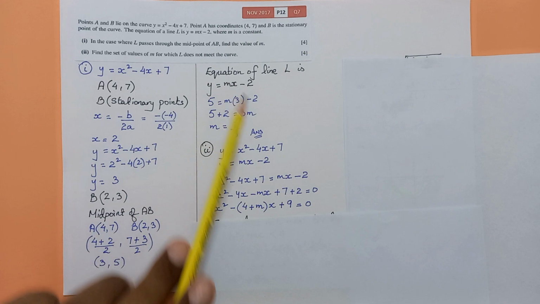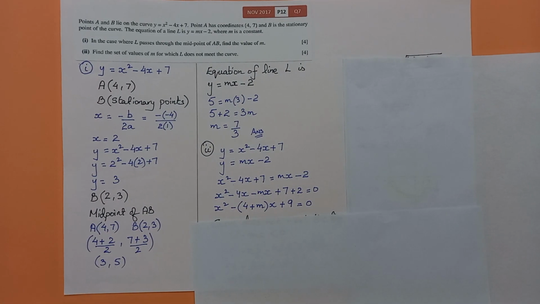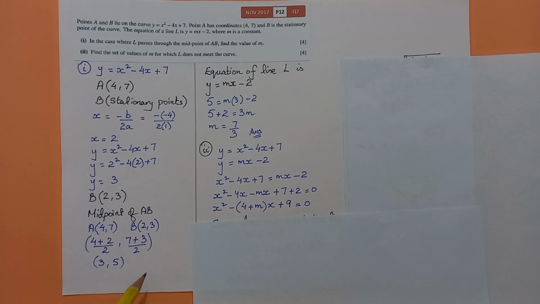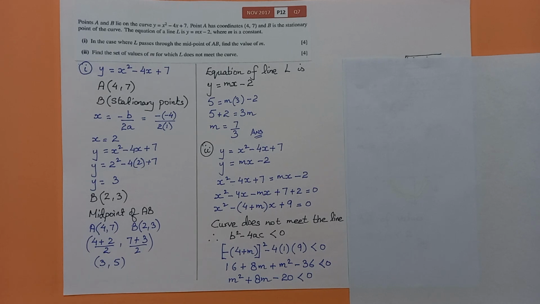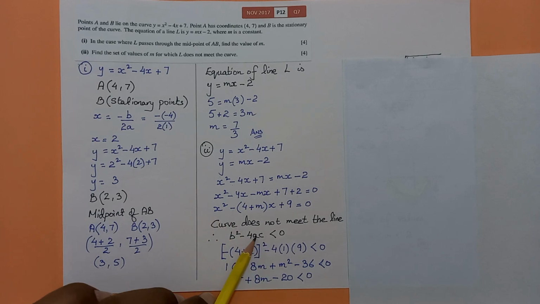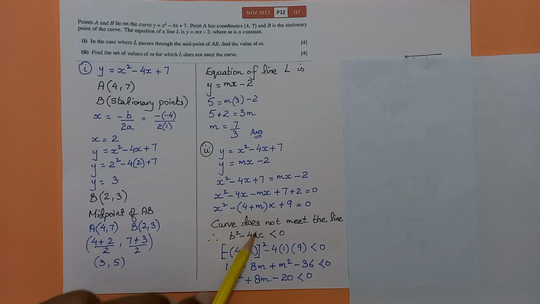The condition was that it does not meet the curve. Does not meet the curve means the discriminant is less than 0. So we will use discriminant less than 0 and place the values of a, b, and c. From here a is 1, the value of b is negative, and (4 + m) in the bracket with b², and the value of c is 9, and does not meet means less than 0.